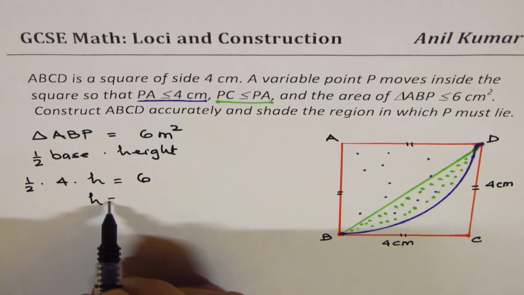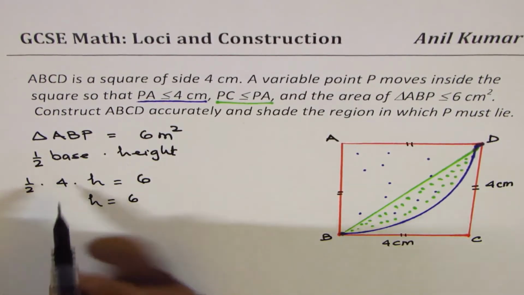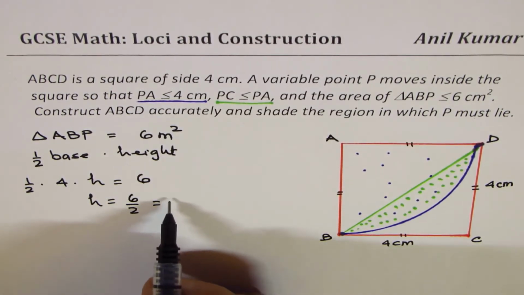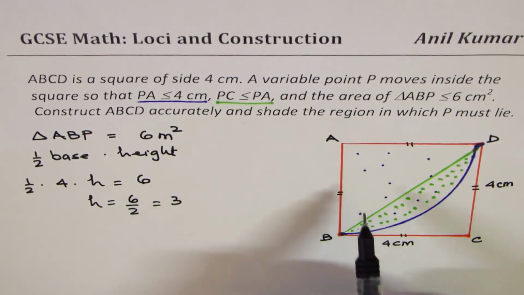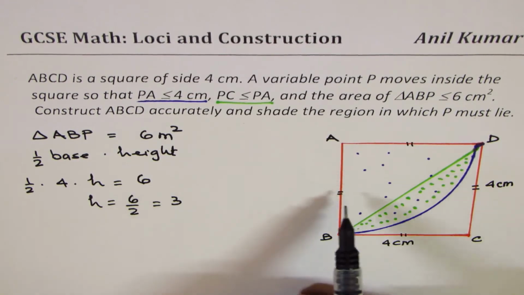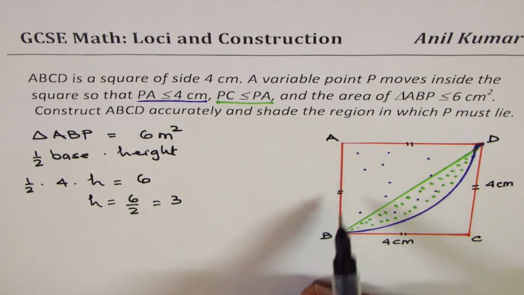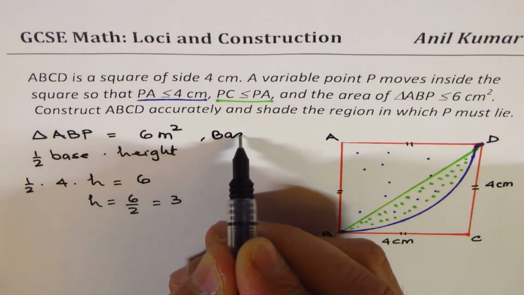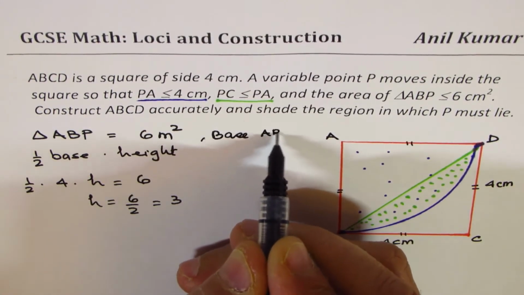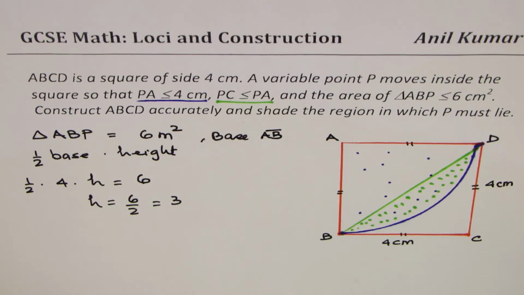So that means height is equals to 6 and that reduces to 2. And 6 divided by 2 is 3 centimeters. So we are looking for a height of 3 centimeters for the triangle whose base is AB, right? So we are saying base is AB and height is 3 centimeters.